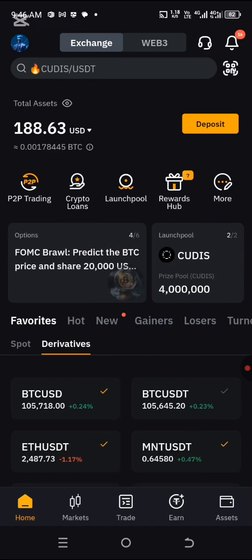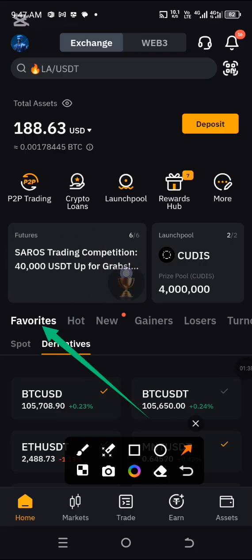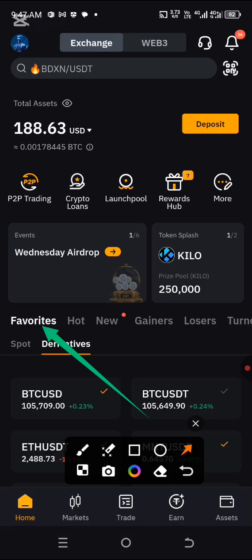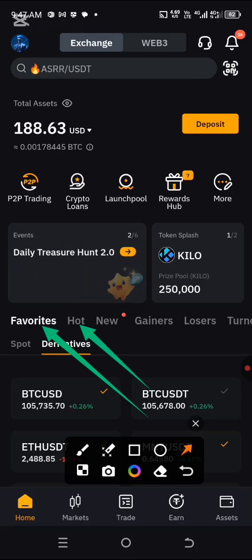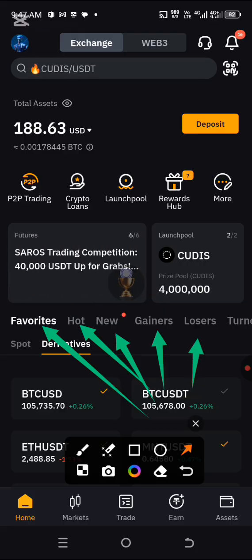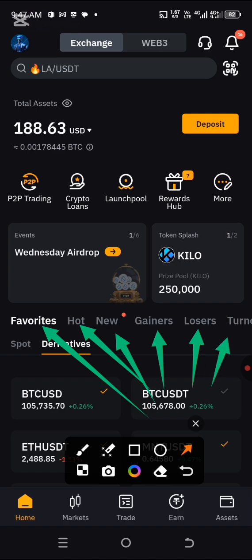Then you can also see some other buttons here, like the favorite crypto you are trading, the hot ones, the ones that people are really buying and selling, the newly listed ones, the one that has the highest gain so far in 24 hours, the one that is losing so far in 24 hours, and others.